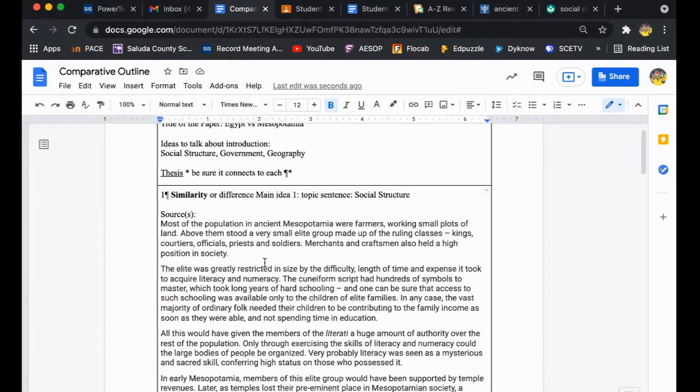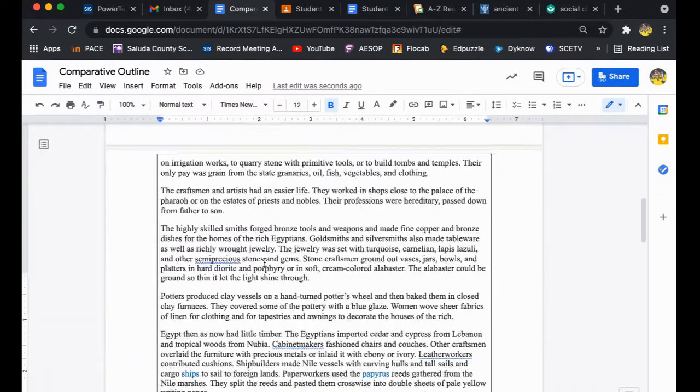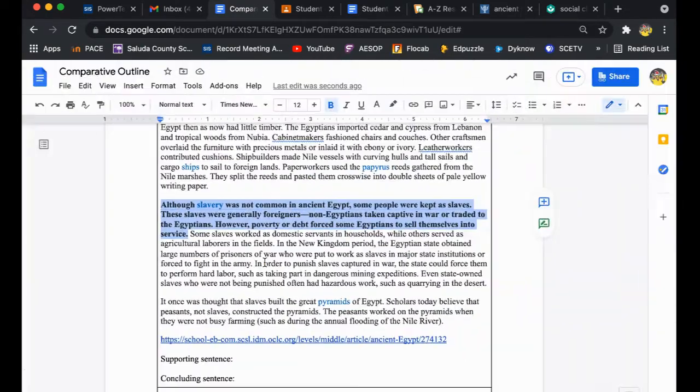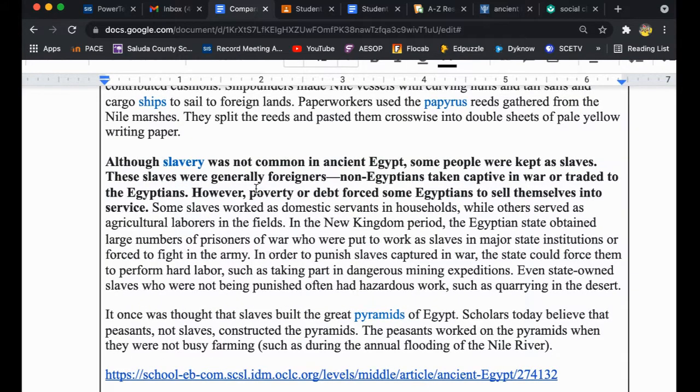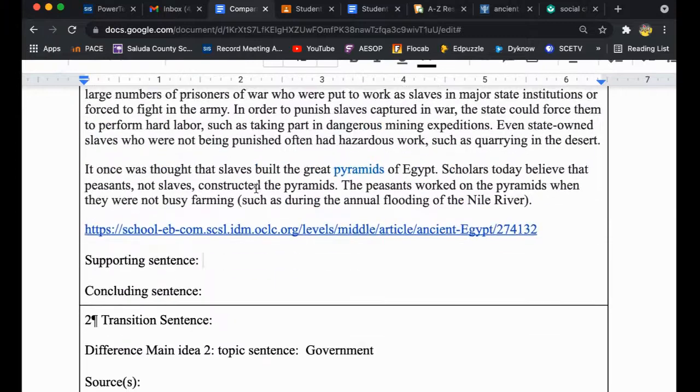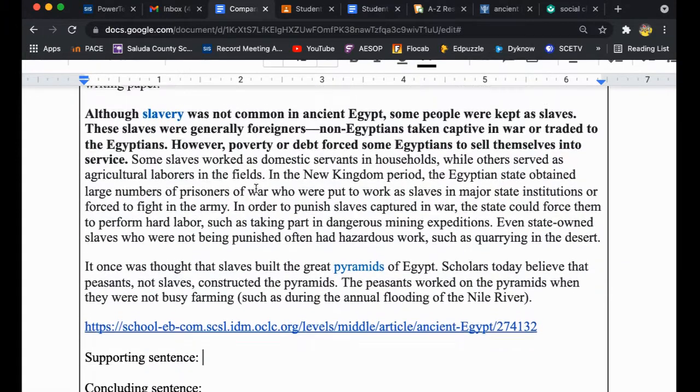So even when you're talking about social class, you could even be more specific and talk about slavery instead. So those are examples. So like in your supporting sentence, you can describe that slavery was also pretty common in Egypt, just as in Mesopotamia.